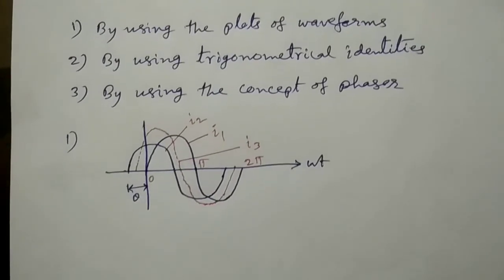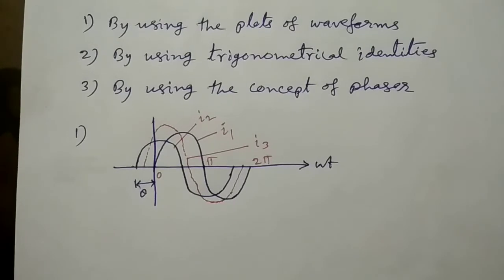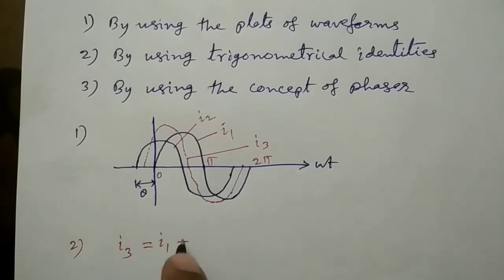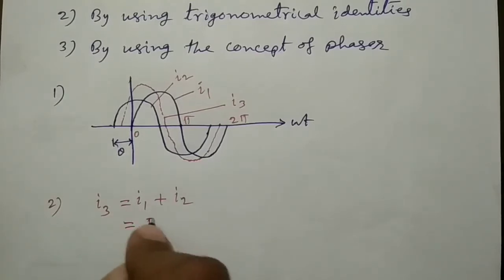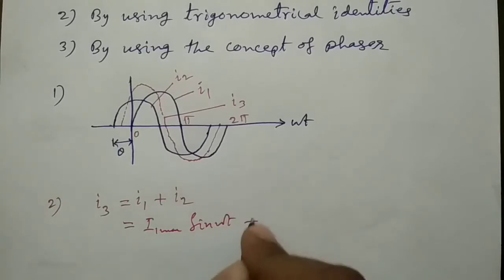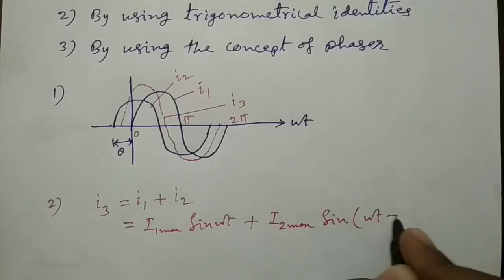In the second method, the total current I3 will be the summation of I1 and I2. And here we will solve this trigonometrically. So here the value of I1 is I1 max sine omega t, and I2 is I2 max sine omega t plus theta.